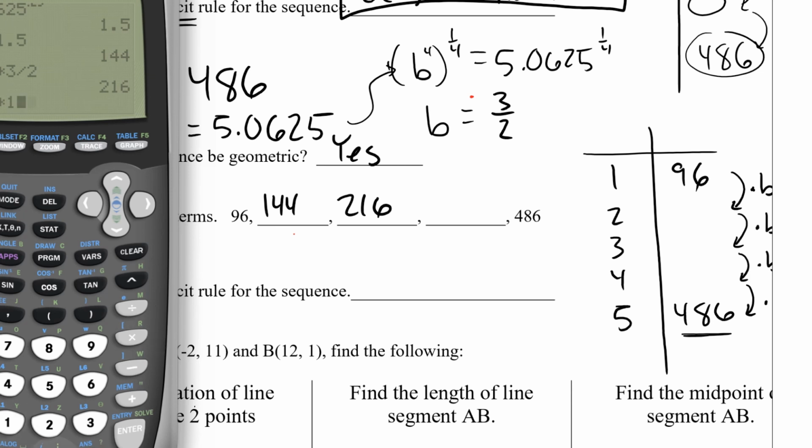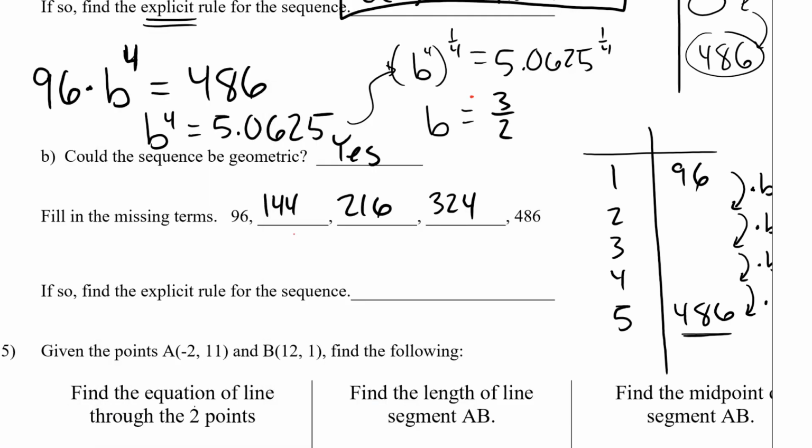Times 3/2, 1.5, is the 324, and then of course the big question is, times 3/2, 1.5, do I get it? Yep, 486. So I can see here that I am multiplying repeatedly by 3/2.